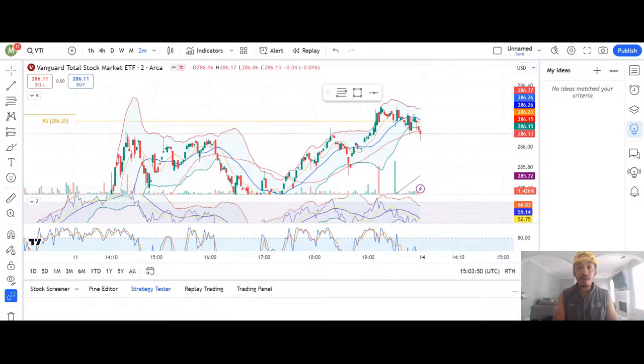So based on the 2-minute time frame on the total stock market index, we see that the stock market on a daily time frame is overbought, right? But on a 2-minute time frame, it's oversold. Let me pull this back up so we could go back over it.